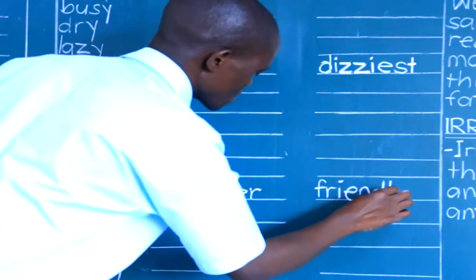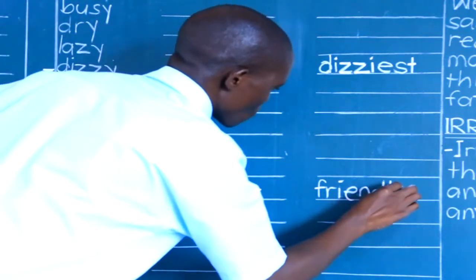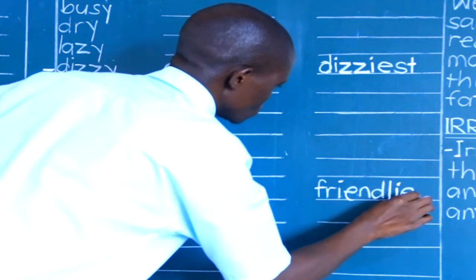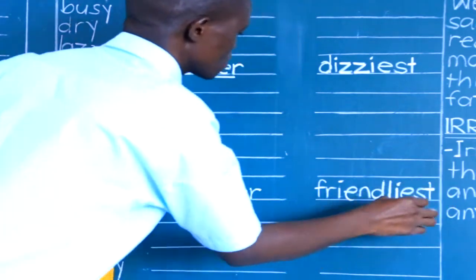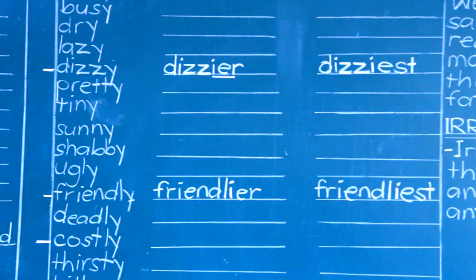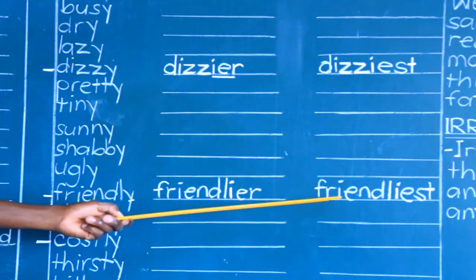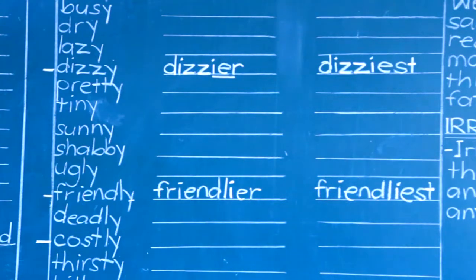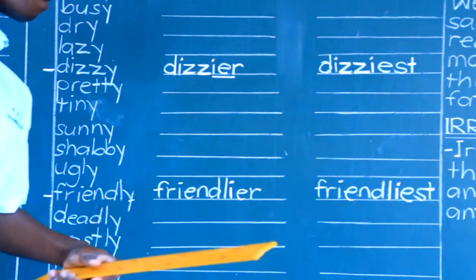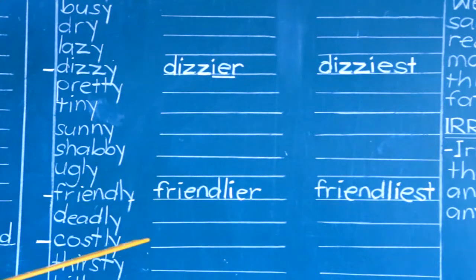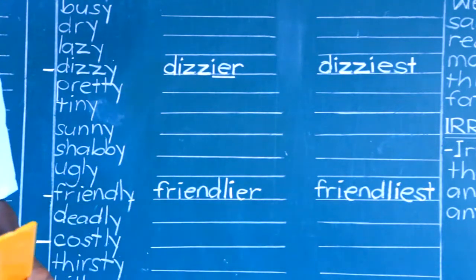In the superlative, we'll have I, E, S, T, replacing the last y. Finally, we have the word friendliest. I repeat, friendliest. So from friendly, friendlier to friendliest.